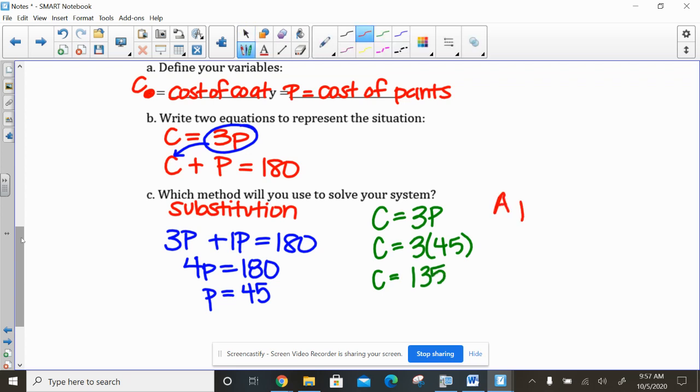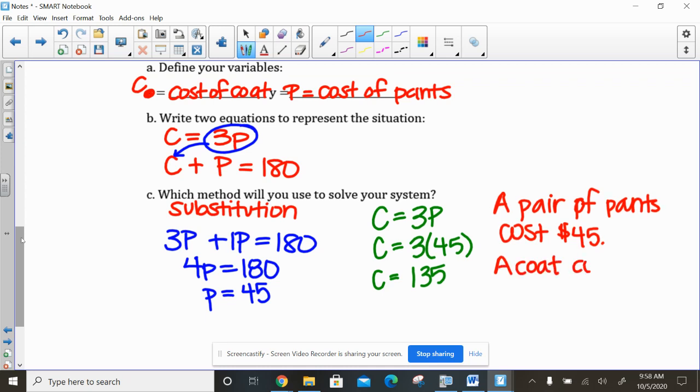So a pair of pants costs $45. A coat costs $135. And that will be my answer here.